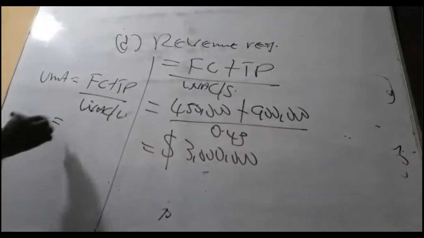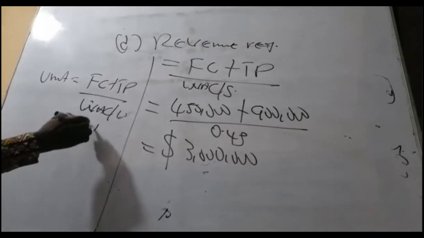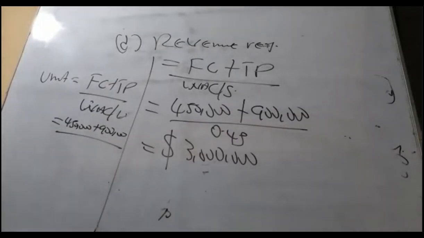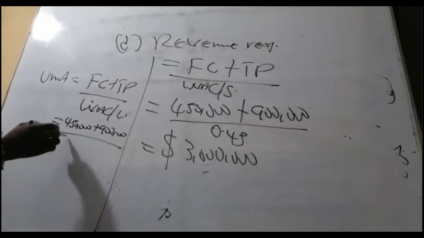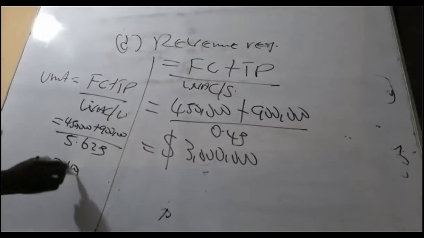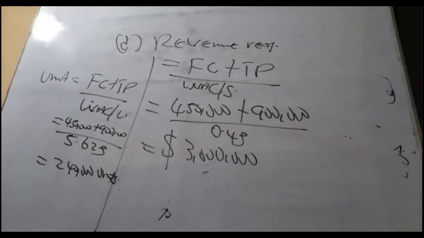That would be the 450,000 plus 900,000 divided by the weighted average contribution per unit, which is 625. And then we had 240,000 units. Good. So that's the end of the game.